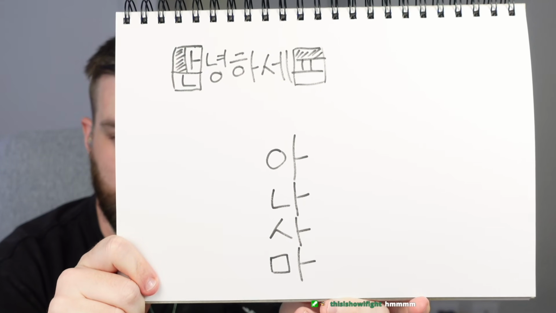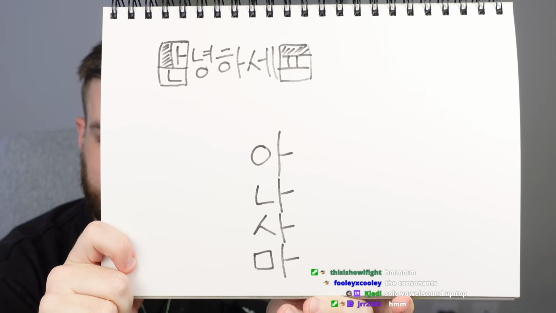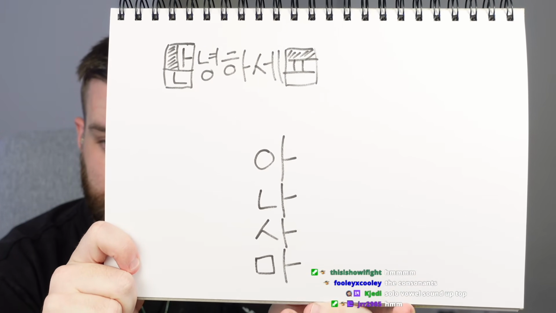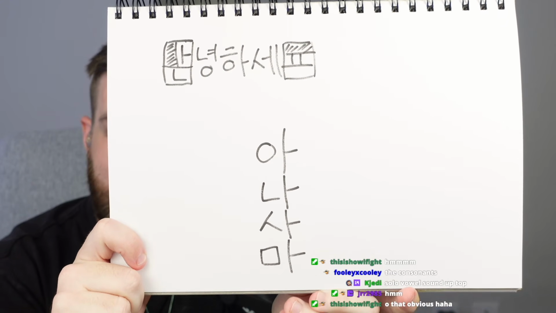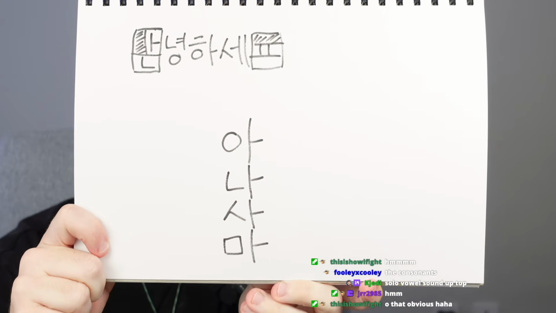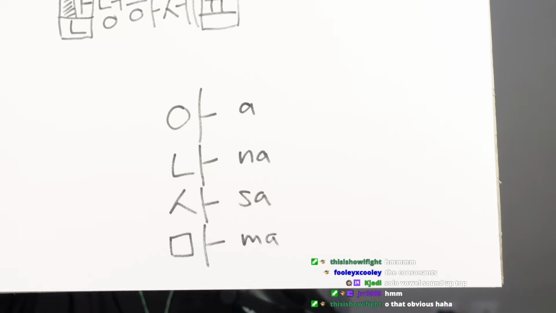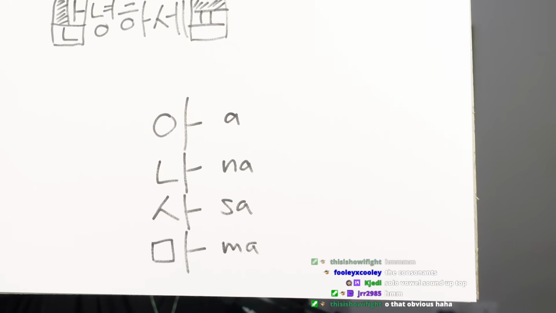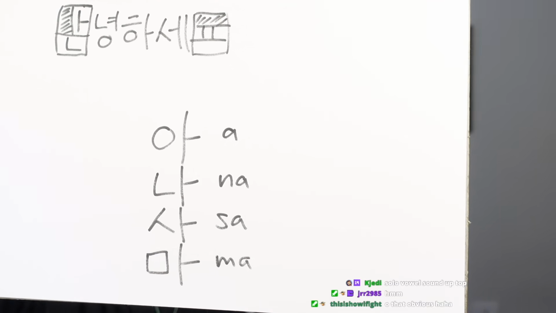The super obvious is what I'm looking for. The consonants, right? Yeah, that obvious. The main difference, and it's not a trick question, is the consonants, right? So the consonant being in front of the stick simply symbolizes that there is an extra sound preceding that A.